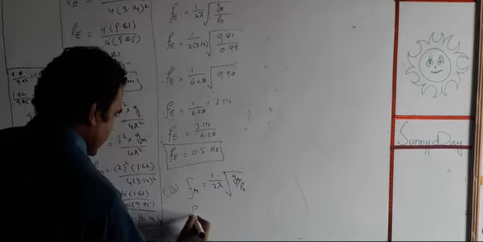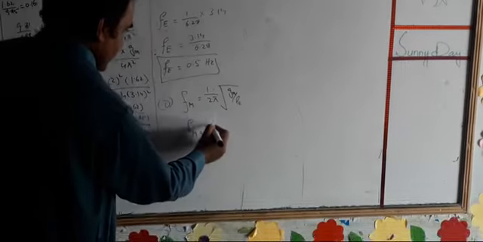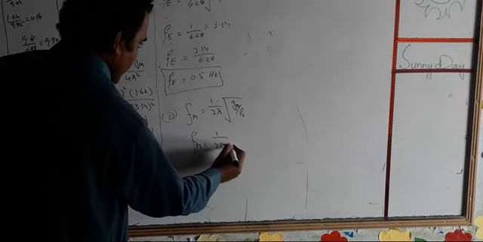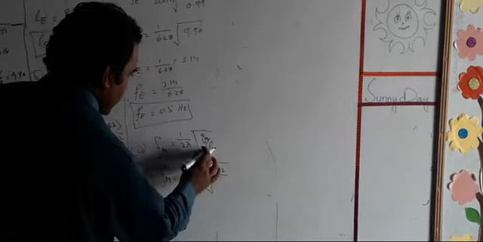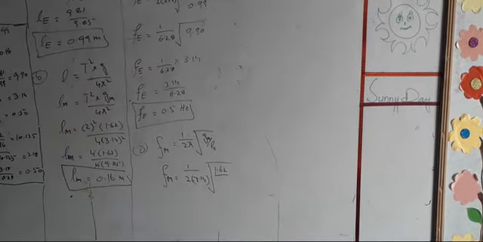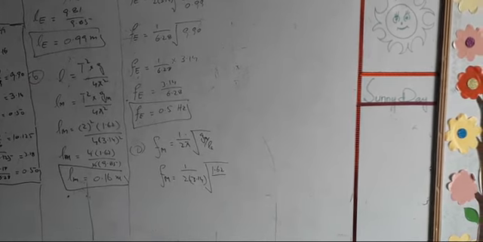So frequency on the moon will become 1 over 2 into 3.14 square root, the value of G on moon is given, that is 1.62, divided by length on moon, which has been calculated in the second part of this problem, which is 0.16.